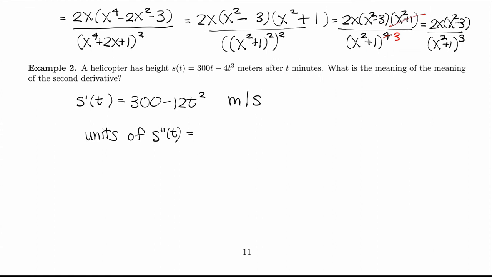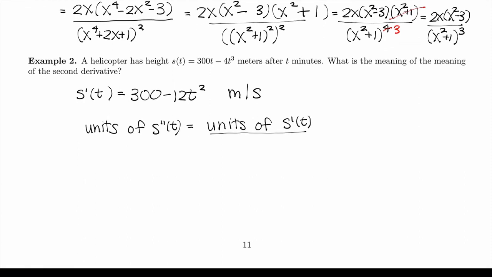This would be the units of the function we're taking the derivative of, which is s prime this time, not s. So the units of s prime over the units of t. So this would be meters per second and then seconds again, which is meters per second squared. And we all know this as acceleration.